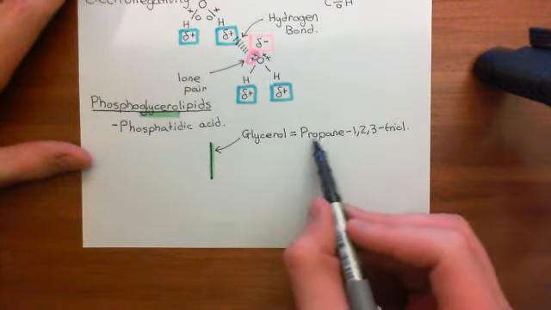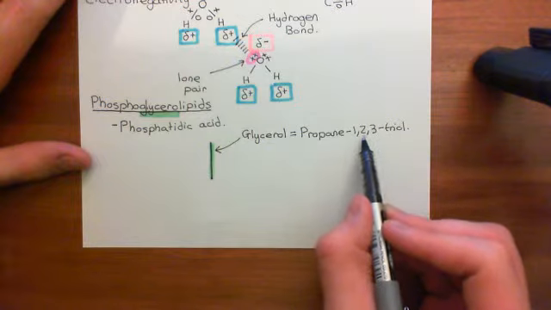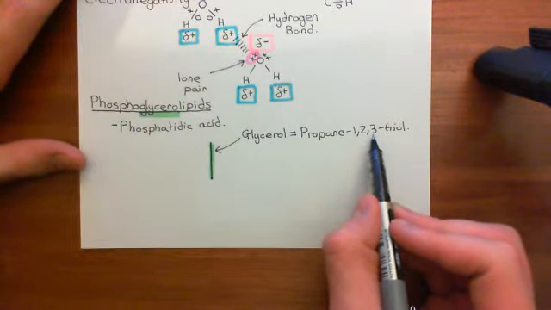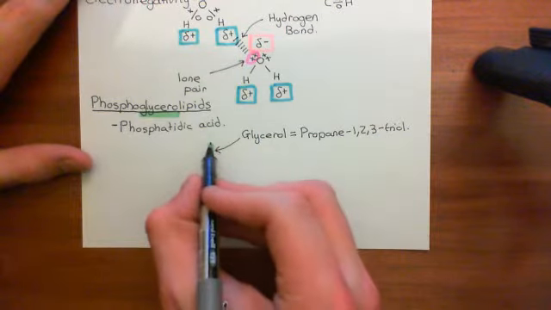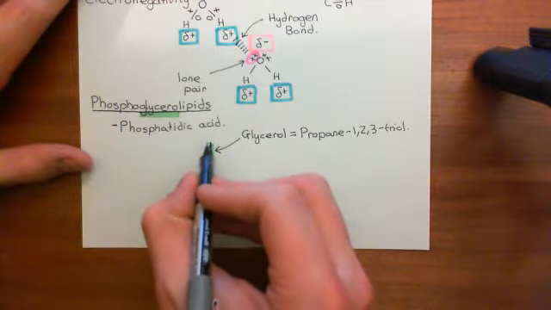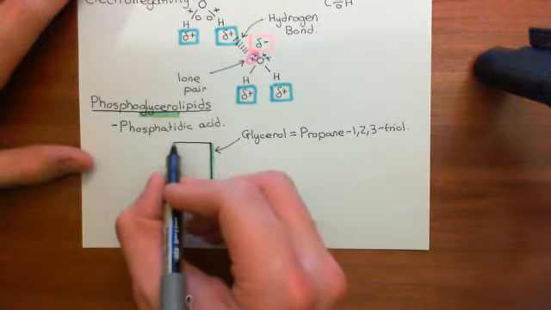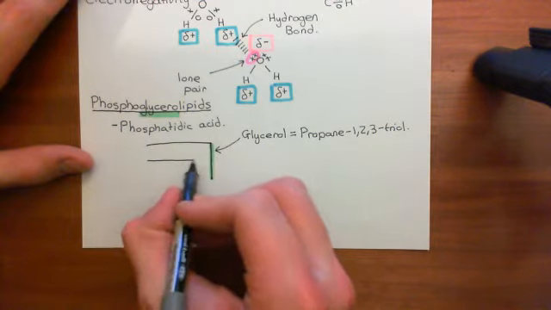It tells us that we're dealing with a 3-carbon molecule where we have alcohol groups coming off the first, the second, and the third carbons. Okay, right. Now, of the alcohol group that comes off the first carbon and off the second carbon, we are going to attach long-chain carboxylic acid molecules, okay, so fatty acid molecules.